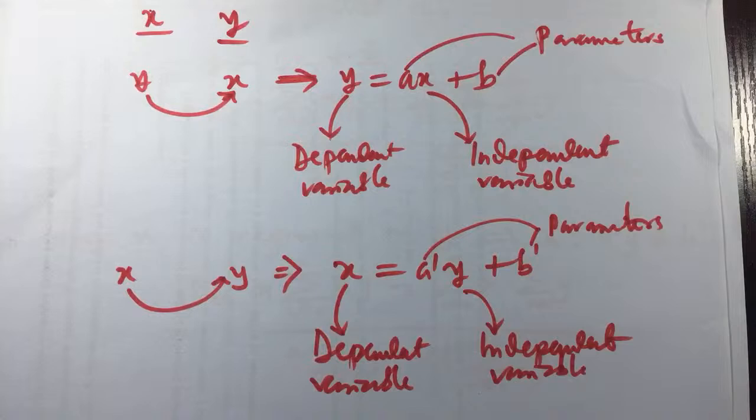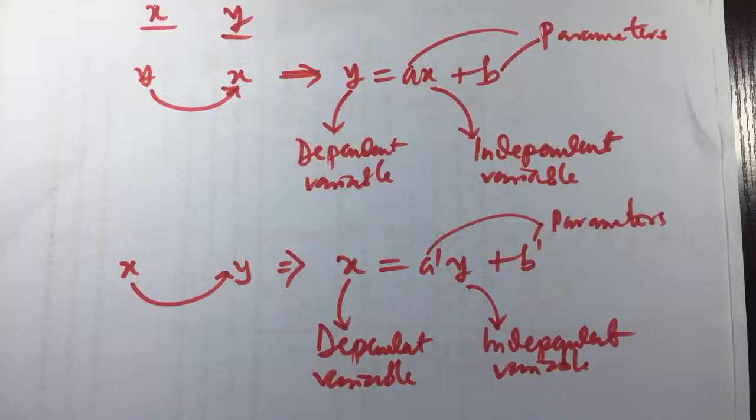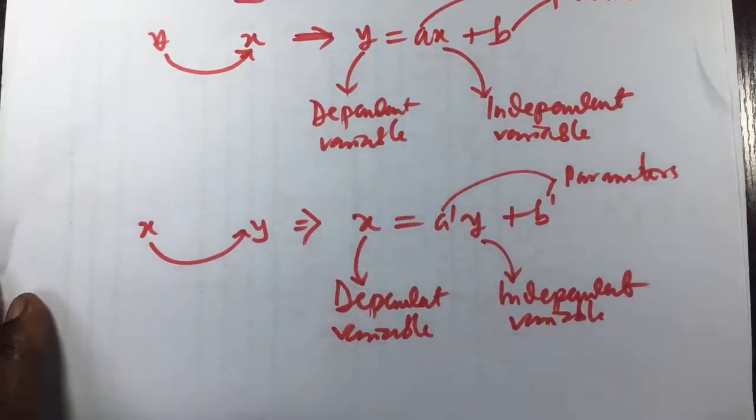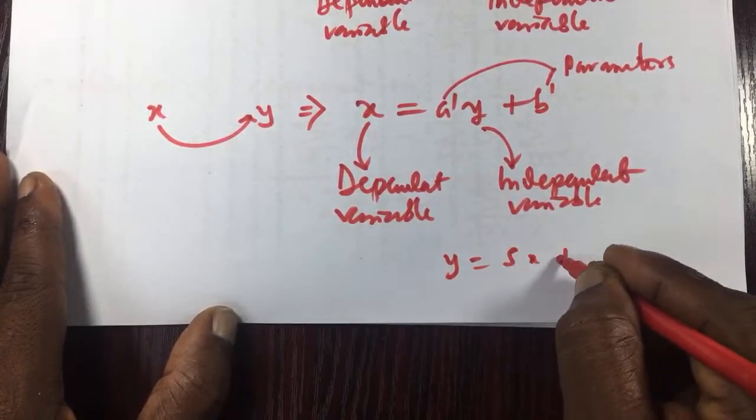Now, I showed you also in that video, I told you something in that video. You must take this very, very important: when you regress y on x or regress x on y, when you are asked a question regarding regressing y on x or x on y, please take note. They want you at the end of the day to obtain something that looks like this: y equals 5x plus 6.